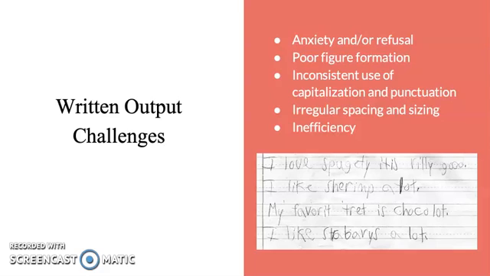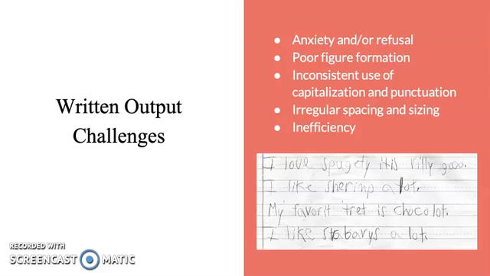You may see either of those. And then you also may see just the basic problems with letter formation. They may be imprecise or incorrect, and that makes it really hard for other people and sometimes the person themselves to read that writing. So again, they're not going to really get credit for what they know.